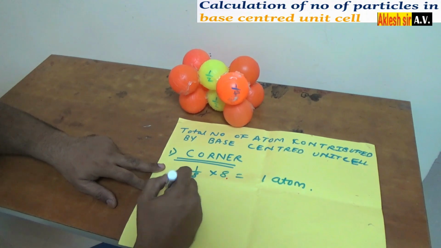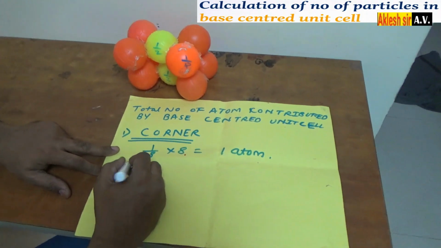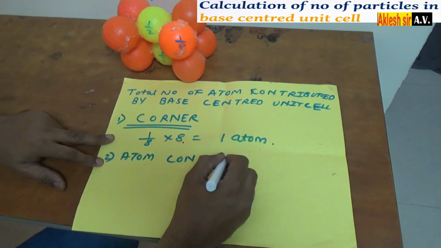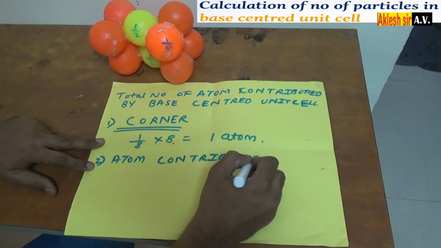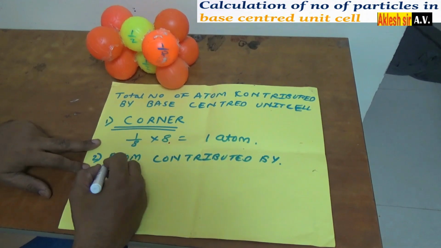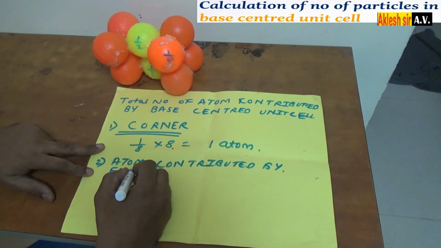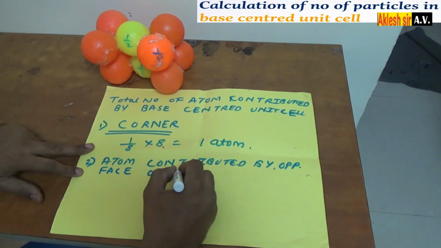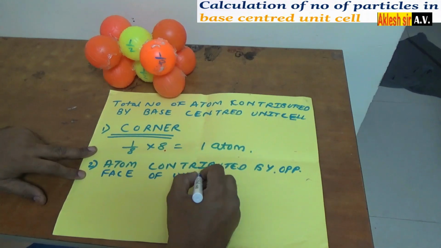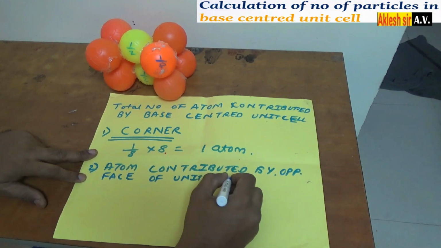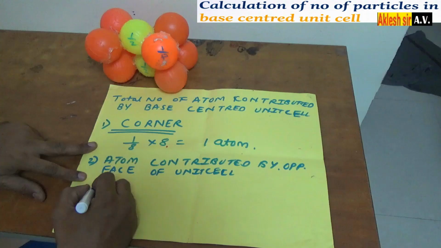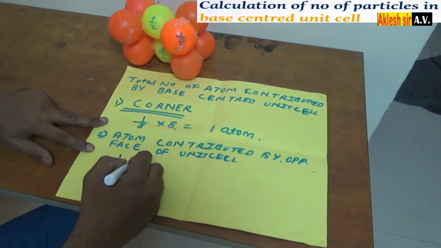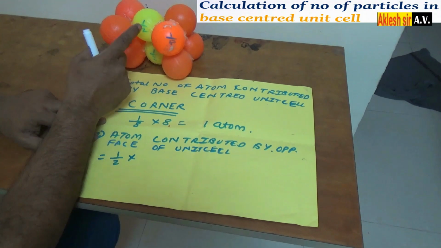Okay. So atoms contributed by the opposite faces of the unit cell is equal to, since at each face half atom is contributed, so here it is half into how many?